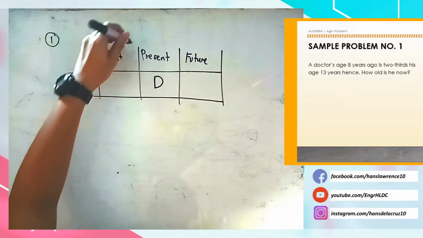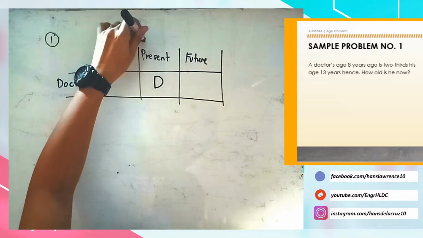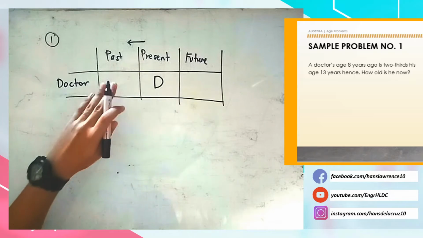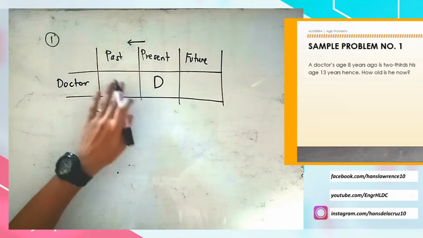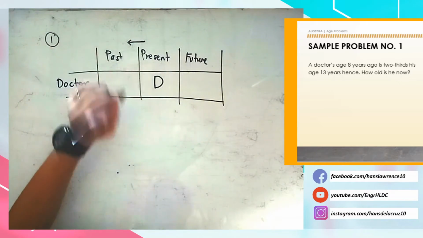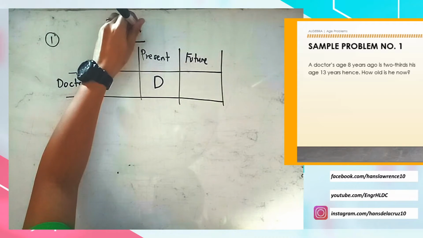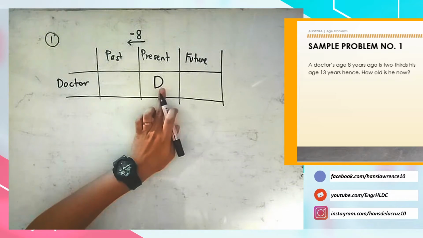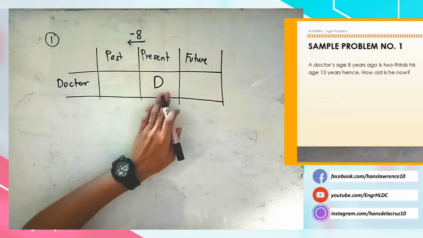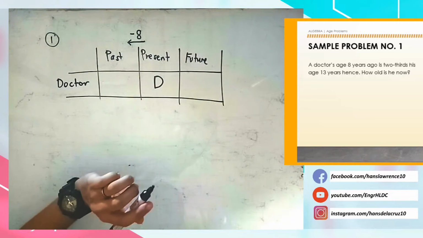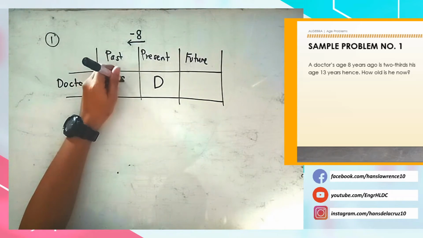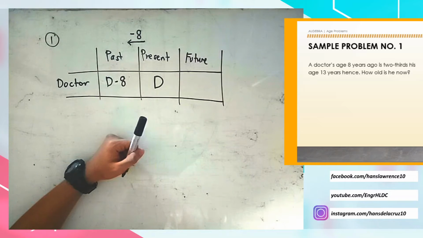Maglalagay ako ng arrow representing yung time, at lalagay ako ng negative 8 para maging 8 years ago. Kung D years old siya at present, therefore 8 years ago, ilang taon na siya, class? Very simple, that is D minus 8.